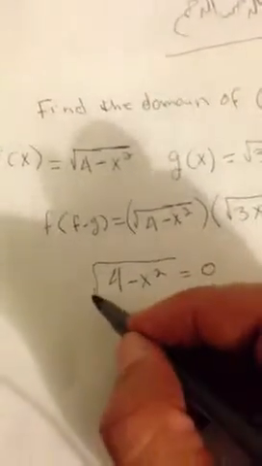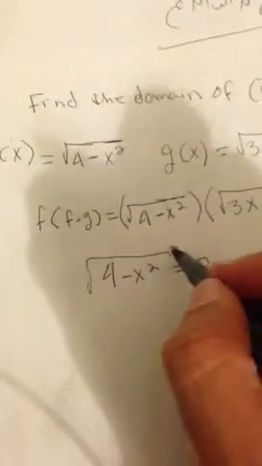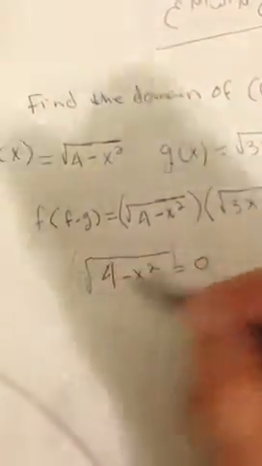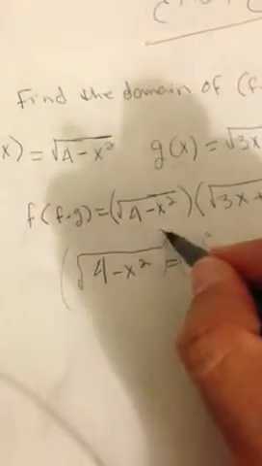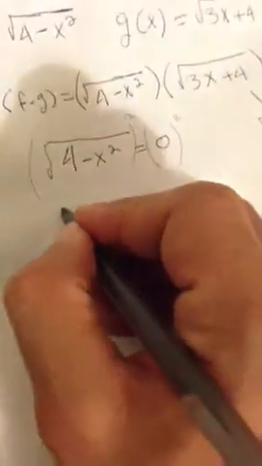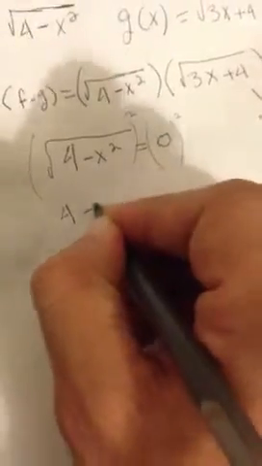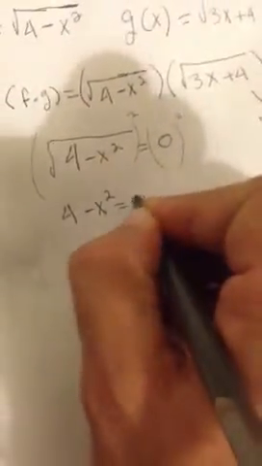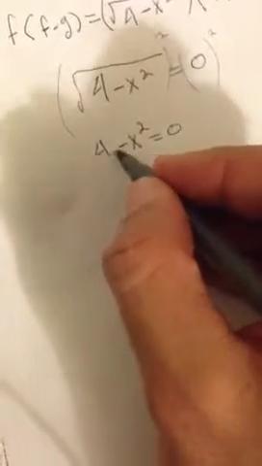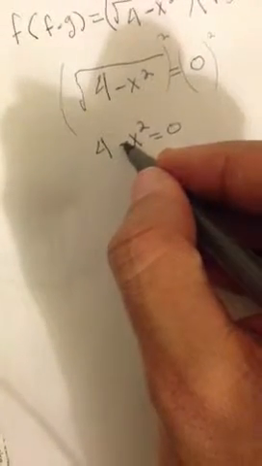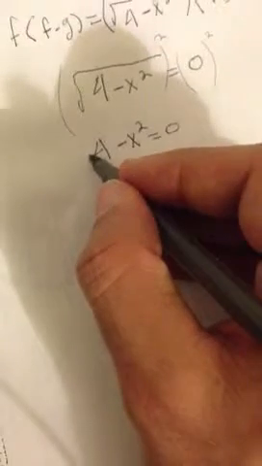Now, because we have the square root, we have to square the whole equation. So we're going to get 4 minus x squared equal to 0. We see here negative x squared and positive 4.